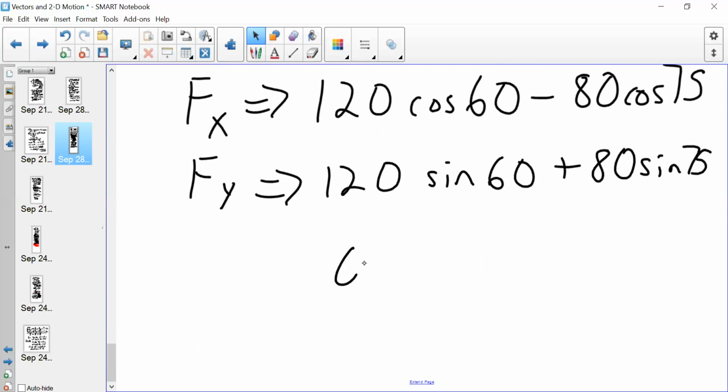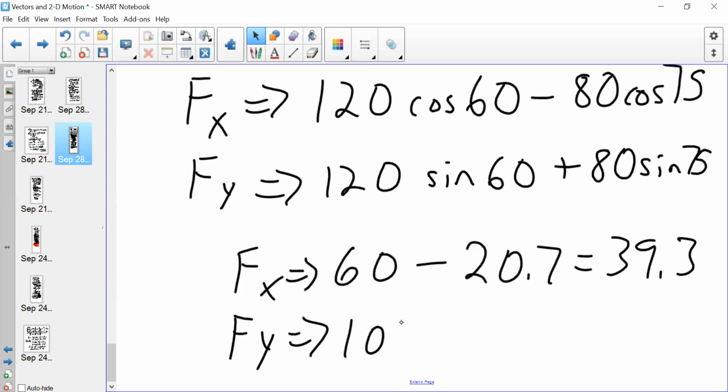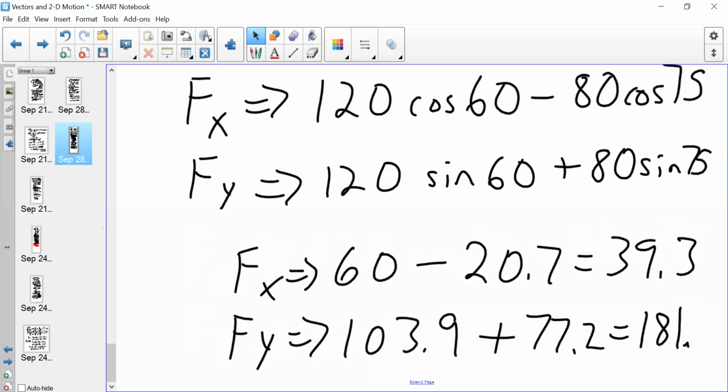So Fx is 60 minus 20.7, 39.3. And Fy is 103.9 plus 77.2, which is 181.1.